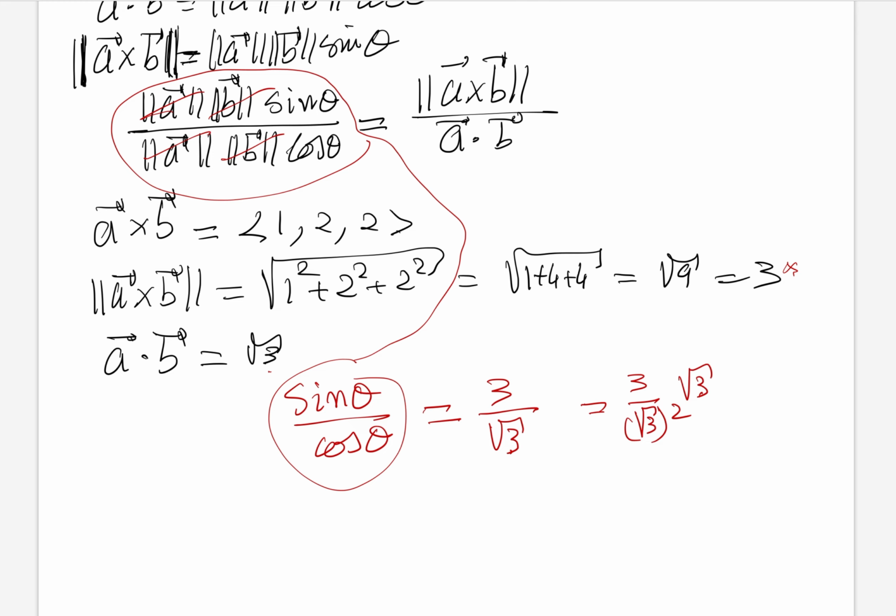I just multiply both sides by square root of 3, so the 3 cancels out and you have square root of 3. So here it's just tan theta is equal to square root of 3.